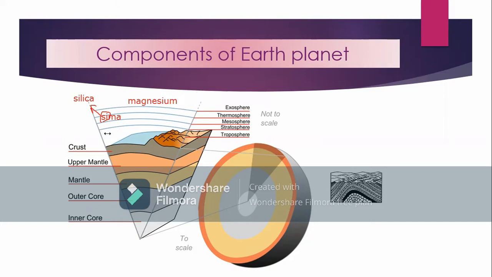Its thickness extends from 8 to 12. But the continental layer is Sial, which has silica and aluminium.